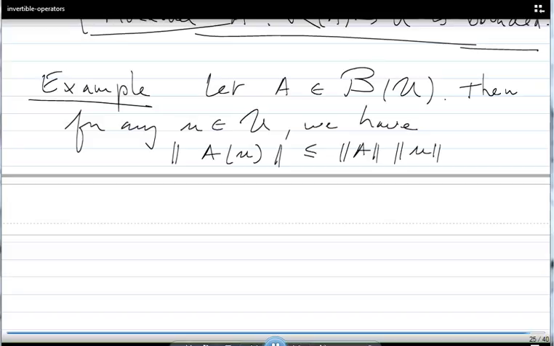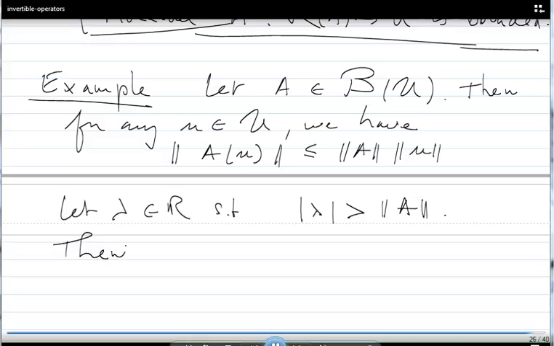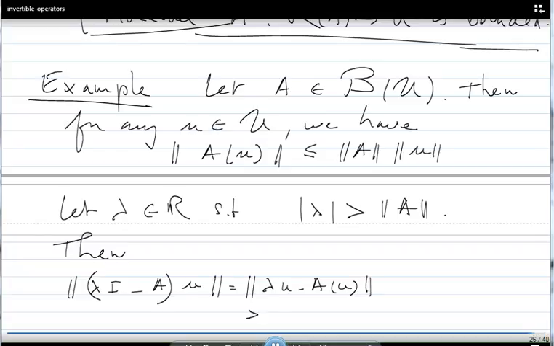Now, let lambda be a real number such that the absolute value of lambda is bigger than the norm of A. Then we have the norm of (lambda I minus A) of u equals the norm of lambda u minus A of u, which is greater than or equal to the norm of lambda u minus the norm of Au.